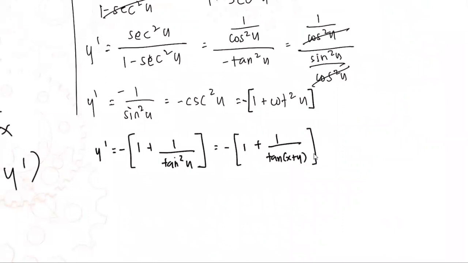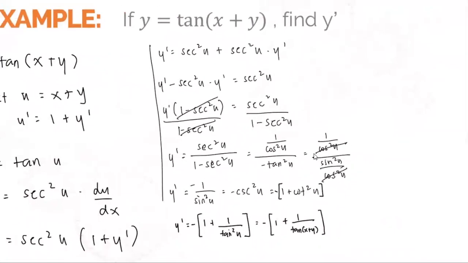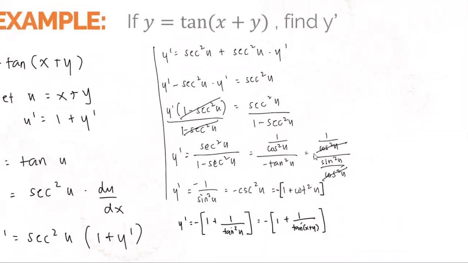Okay? Then, when we look at the original problem, naka-squared to, don't forget, y is equal sa tangent x plus y. E tangent x plus y to na naka-squared lang. So, ibig sabihin, yung denominator natin can be negative 1 plus 1 over y squared.